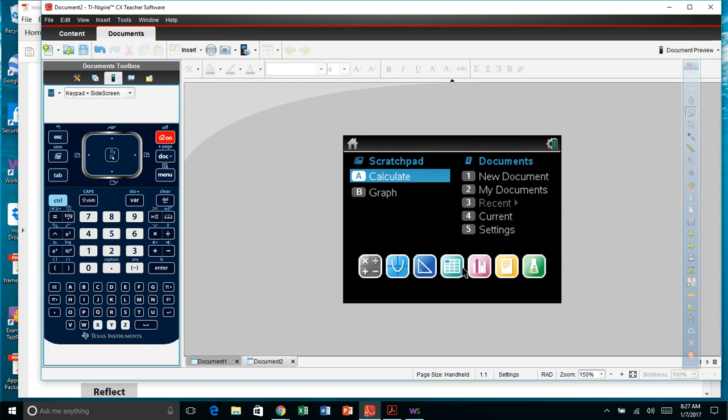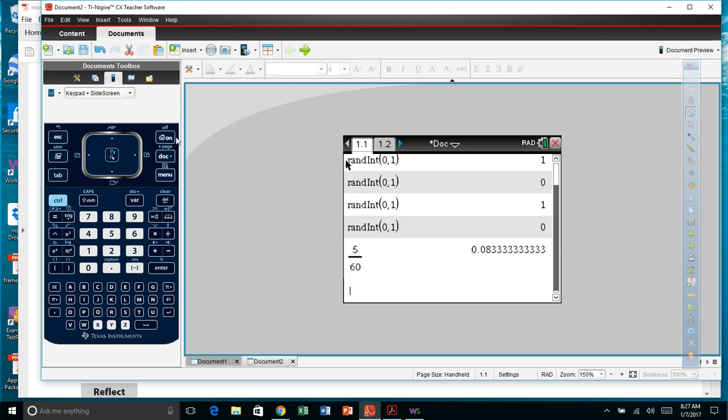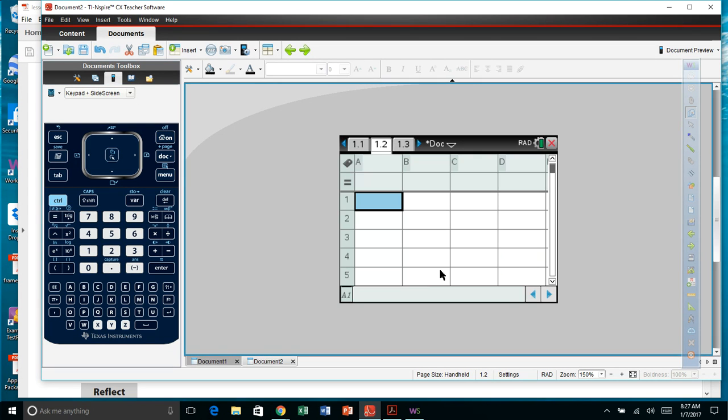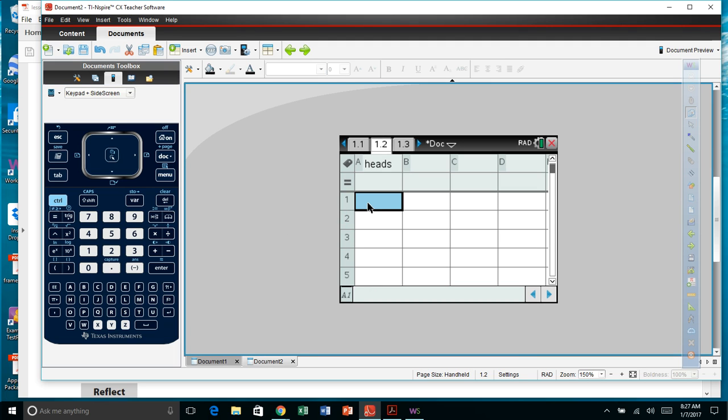Press on and then the table or the spreadsheet, and we'll put heads, HEADS, and that was 0, 1, 2, 3, 4, and 5.